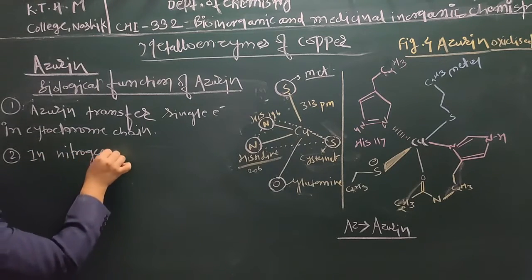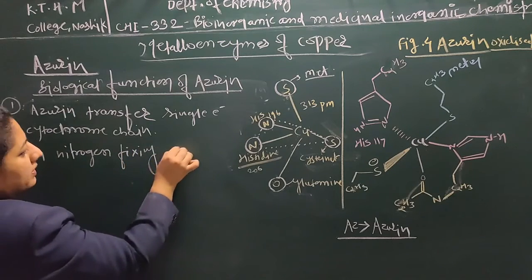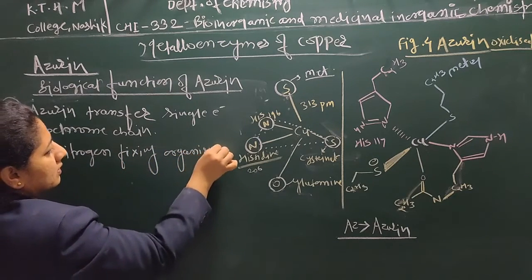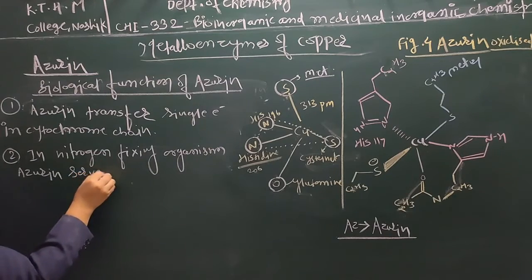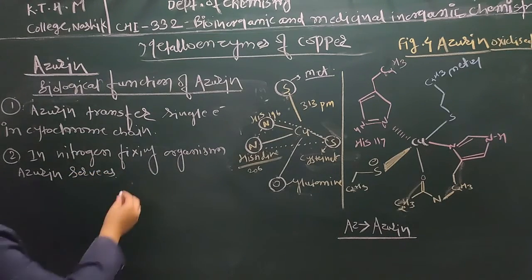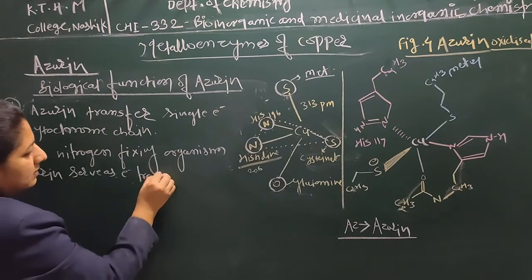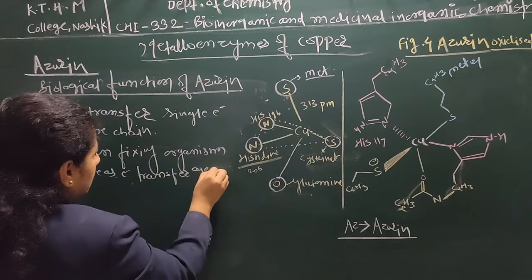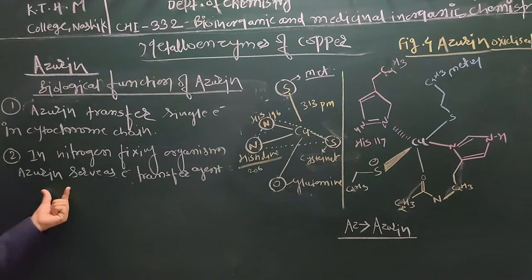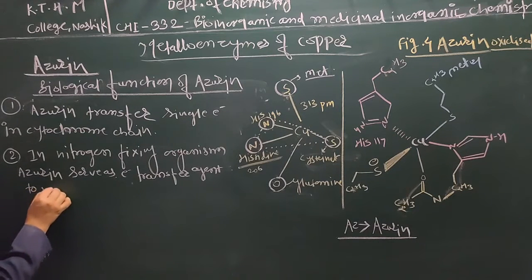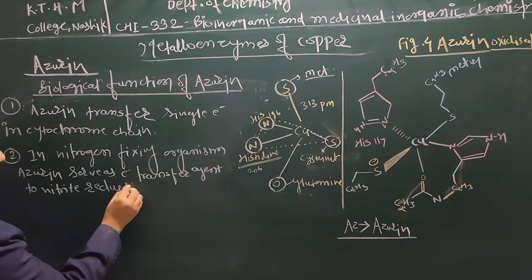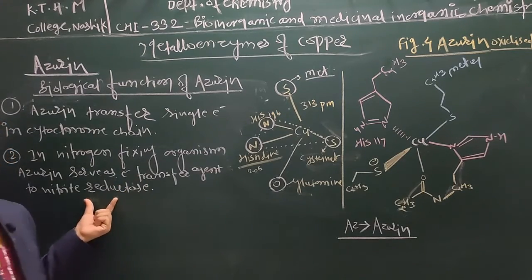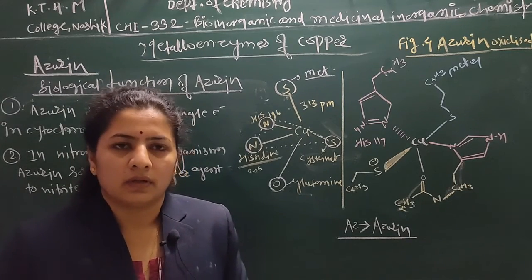In nitrogen fixing organisms, azurin serves as an electron transfer agent, or electron transfer donor, to nitrite reductase. This means azurin also plays a very important function in the nitrogen cycle.